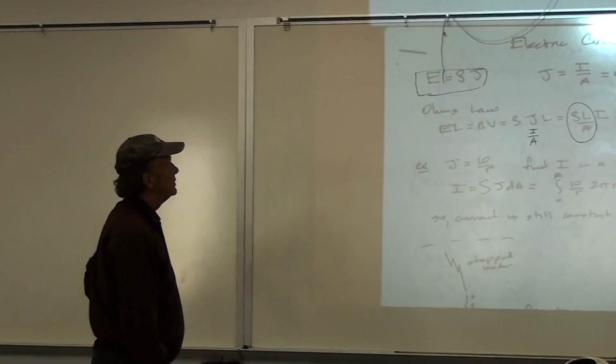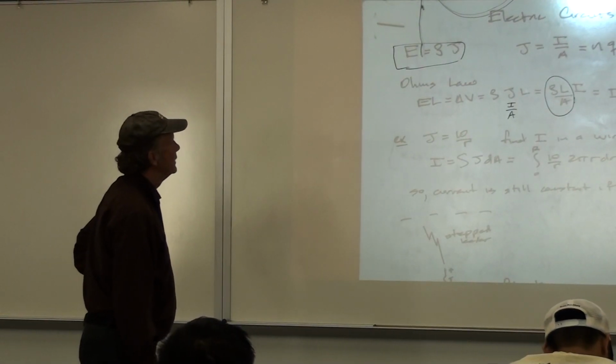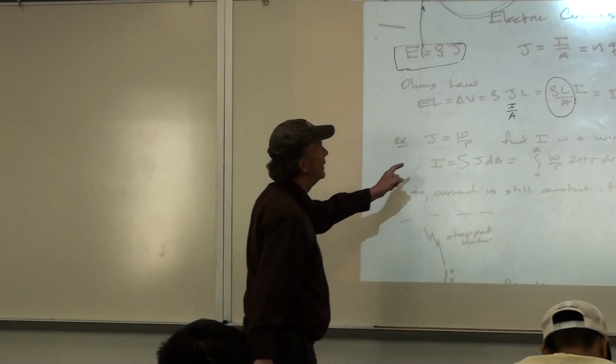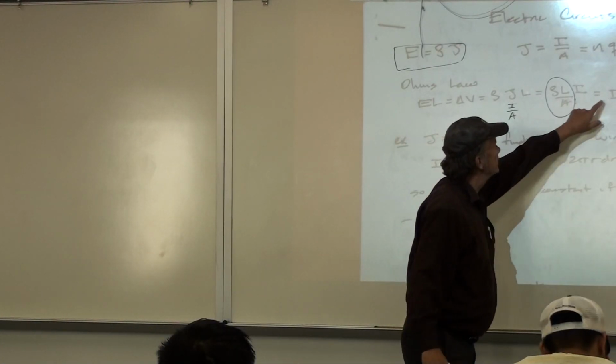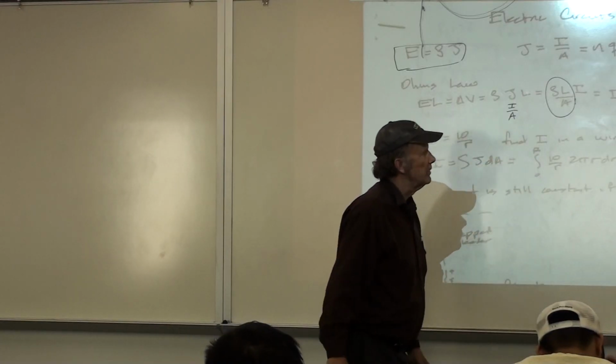Okay? And that constant is what we call the resistance of the long straight wire. And so this is Ohm's law then, where we call this the resistance, this is I, and then this is the resistance to current flow.